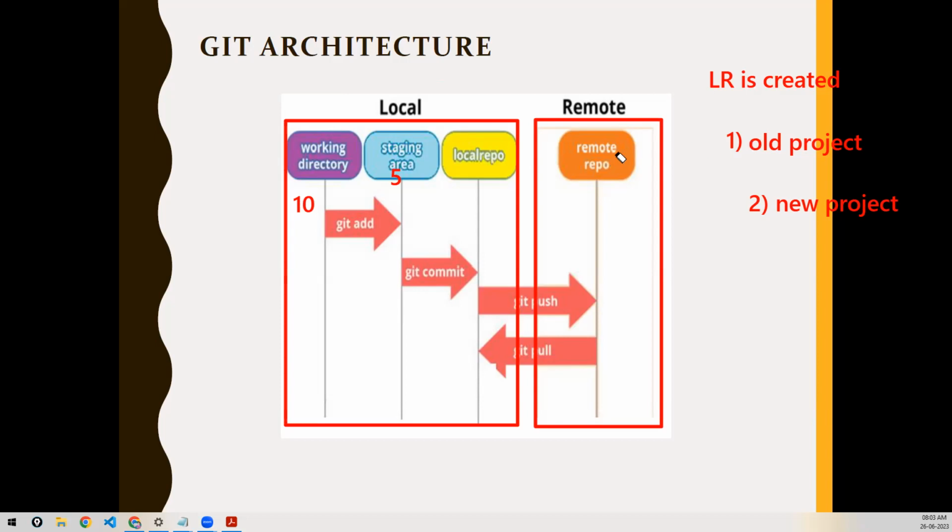An old project means someone else has created it. What I'm saying is use cases could be like there might already be a remote repository. You may have to clone it, means copy it, make a local repository, make changes and updates there, push it. That could be one use case. Another use case is it was completely new. You may have to create your own local repository and then push to remote.